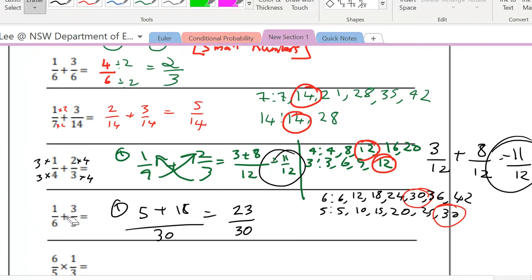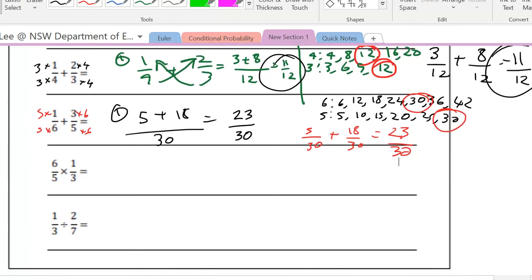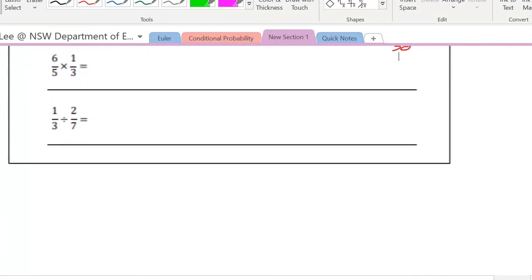So we can multiply this by 5 and this by 6 to get 5 over 30 plus 3 6s are 18 over 30 to give 23 over 30. Okay, so I hope that's clear, but I can't emphasize enough.